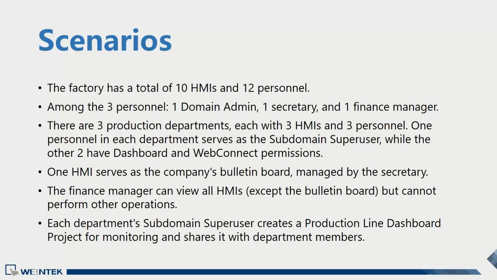The finance manager can view all HMIs except the bulletin board, but cannot perform other operations. Each department's subdomain super user creates a production line dashboard project for monitoring and shares it with department members.